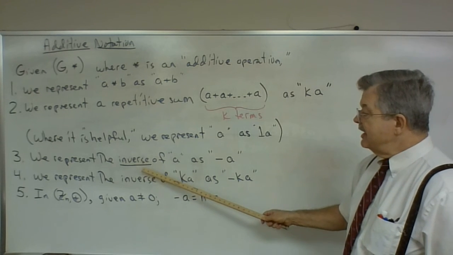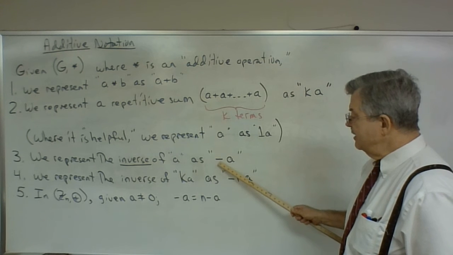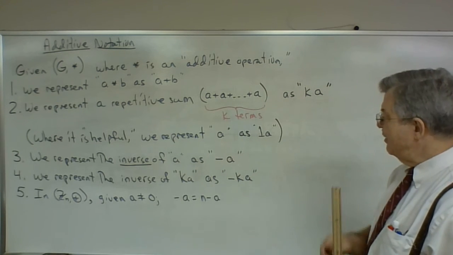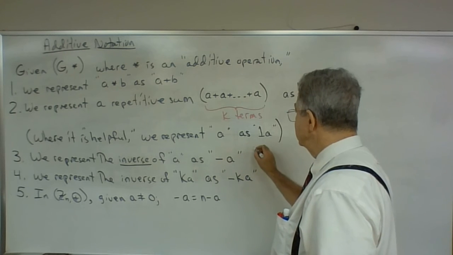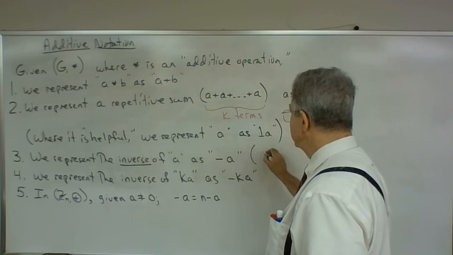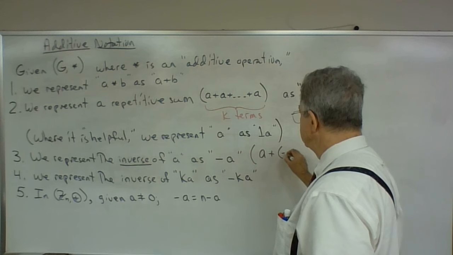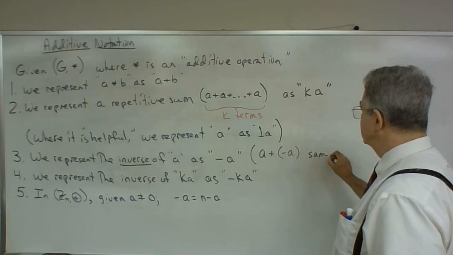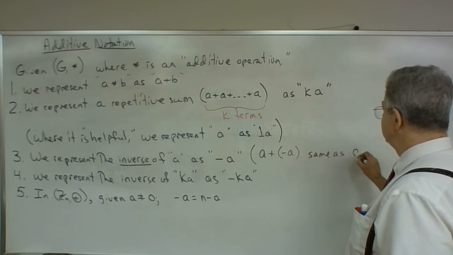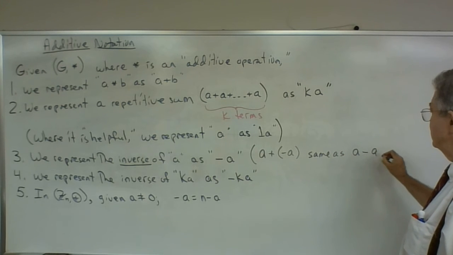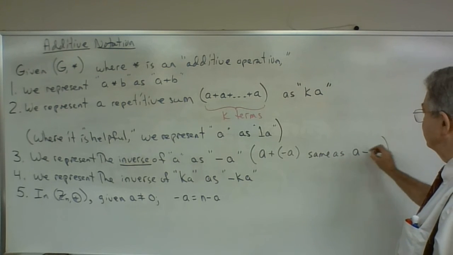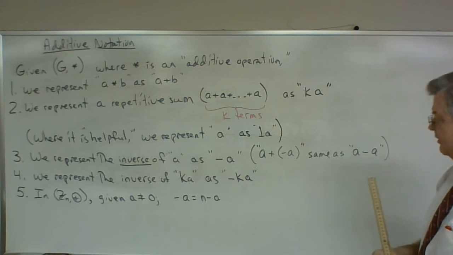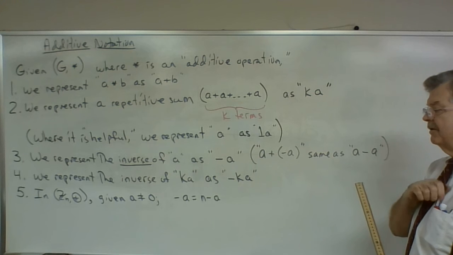We represent the inverse of A as negative A. And I might add also, parenthetically, that A plus negative A is the same as A minus A. So we don't make a distinction between those things.